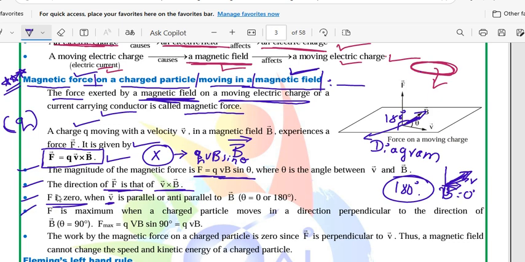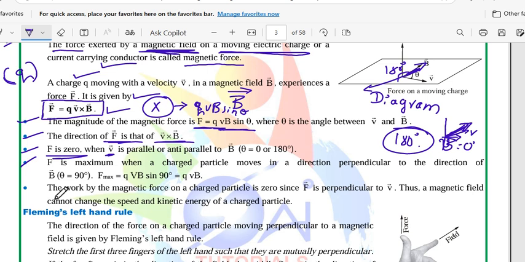Now force F is maximum when a charged particle moves in a direction perpendicular to the direction of the magnetic field. Okay, see, this is very very important.